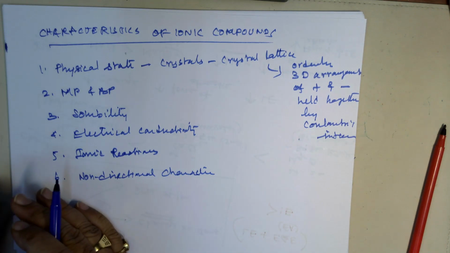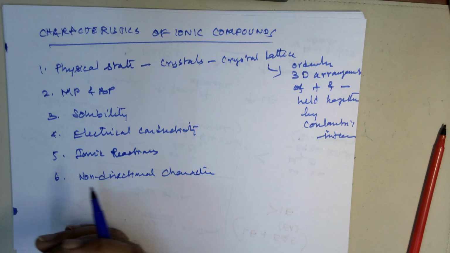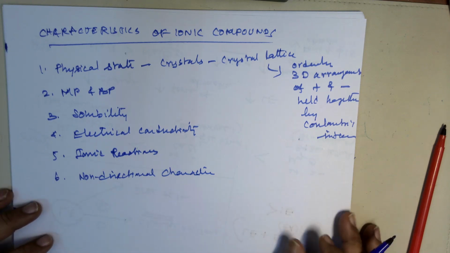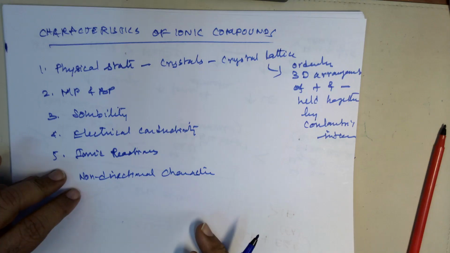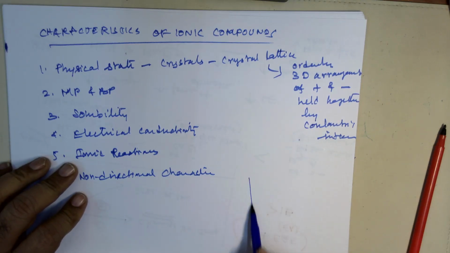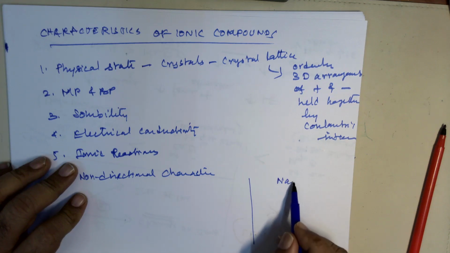Okay, so what is crystal lattice? It is the orderly 3D arrangement of cations and anions held together by Coulombic force of attraction. I will show you one diagram. For example, let me consider sodium chloride.